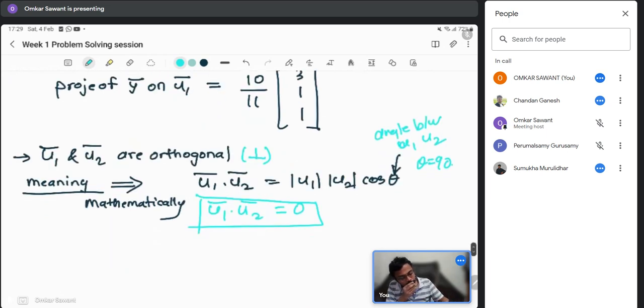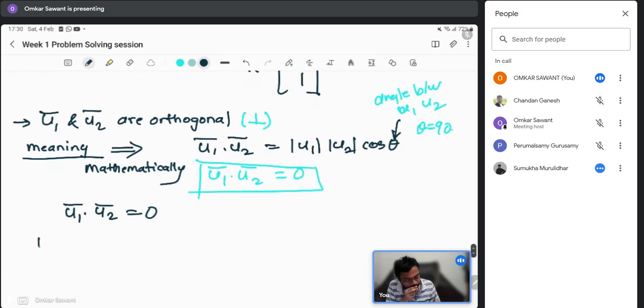So when I say u1 bar and u2 bar are orthogonal, what you will check? Whether u1 bar dot u2 bar is 0, right? And if they are also orthonormal, what do you mean by orthonormal?